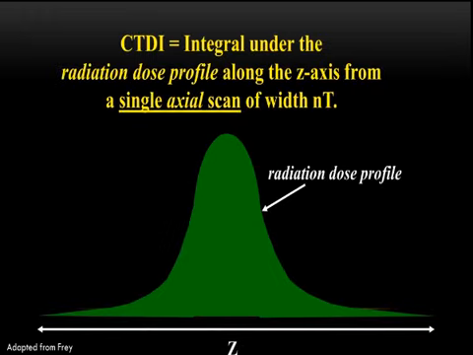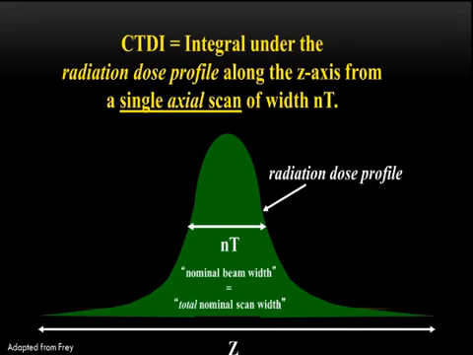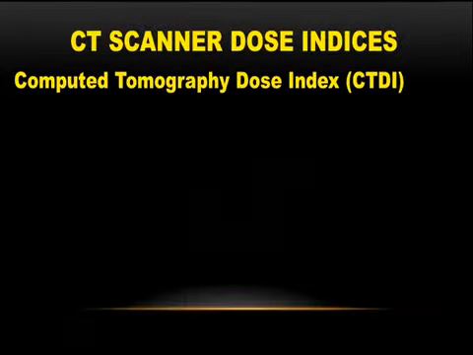And so this radiation dose profile is usually characterized by the full width at half maximum, and that's equal to NT, which Mike McNitt-Gray did a nice job of defining this morning and called nominal collimation. And so really when we talk about measuring an integral, that's just a mathematical term for meaning we're going to measure the area of this distribution when we measure the CTDI.